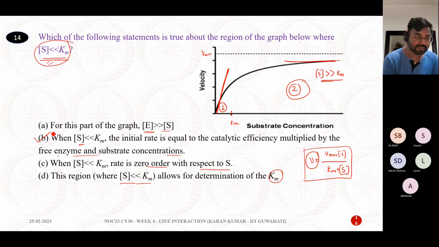That is why option B is correct. So it is following that initial rate is equal to the catalytic efficiency. Catalytic efficiency is kcat into Vm, which is Vmax. Catalytic efficiency multiplied by the free enzyme and the substrate concentration. Is it clear?